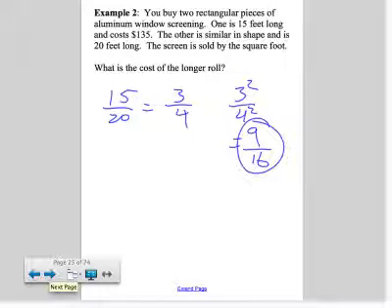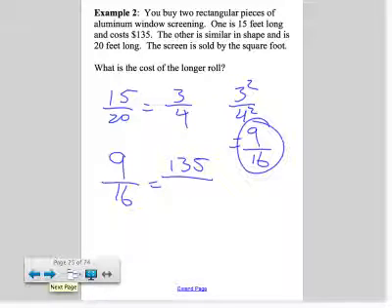So when I set this up, I have 9 over 16 equals, and remember, they gave us the price of the smaller one, so the 135 has to correspond with the 9, and the x, the cost of the bigger one, is what we're trying to find. Cross multiply, so you get 9x equals, let me just grab a calculator really quick.